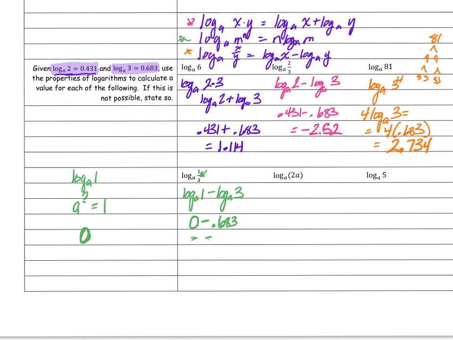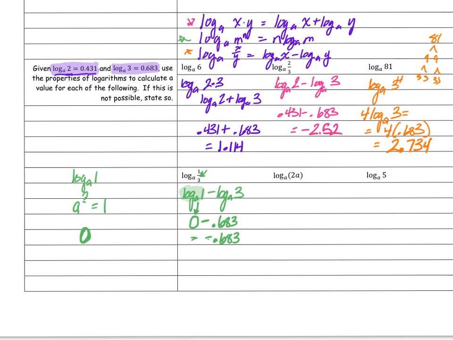So my answer is negative 0.683. So I just want to say this. If I get anything, it doesn't matter what base it is, that says log base something of 1, the answer is always, always, and forever 0. Okay?